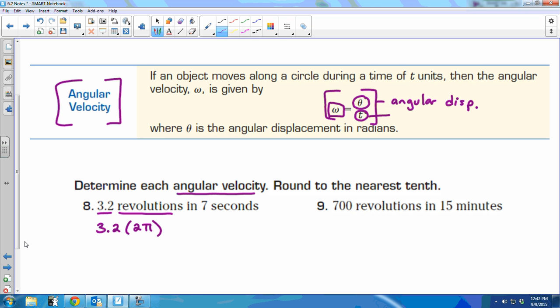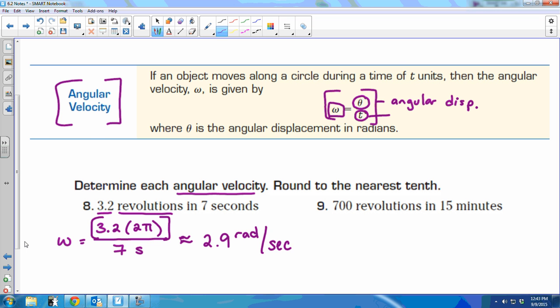We want to change it from revolutions to radians. Once I have that, I need to divide by 7 seconds. Make sure you do the numerator first before you divide by 7. You should get approximately 2.9 radians per second.